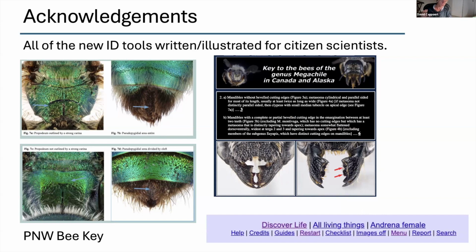They have matrix keys, and the intention in Discover Life is to make everything in plain English as much as possible. I'm still weeding out lots of complicated terminology there, but the spirit of Discover Life is to make it so a citizen scientist can work through it without having to take a degree in entomology somewhere.